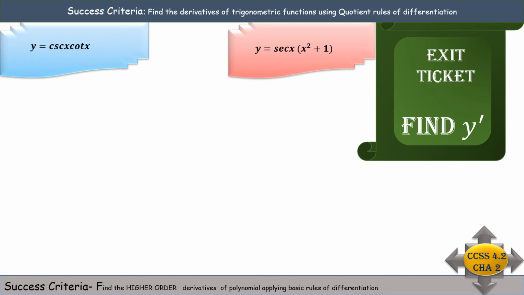Now let's see y equals cosec x cot x. So here we will apply the product rule, which means f g prime plus g f prime. So y equals cosec x as it is. The derivative of cot x is negative cosec square x, plus cot x as it is. Derivative of cosec x is negative cosec x cot x.